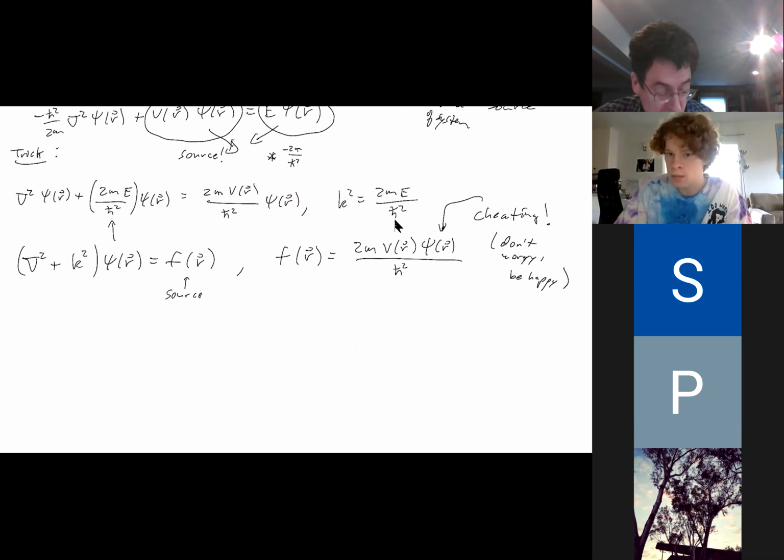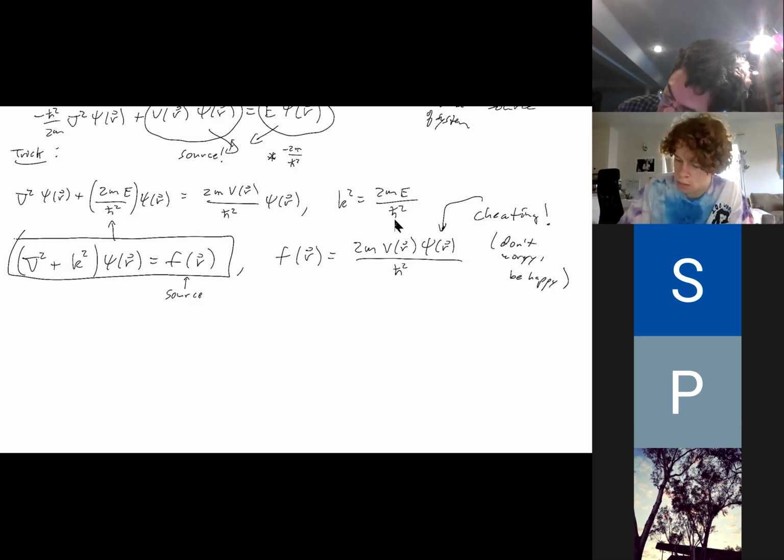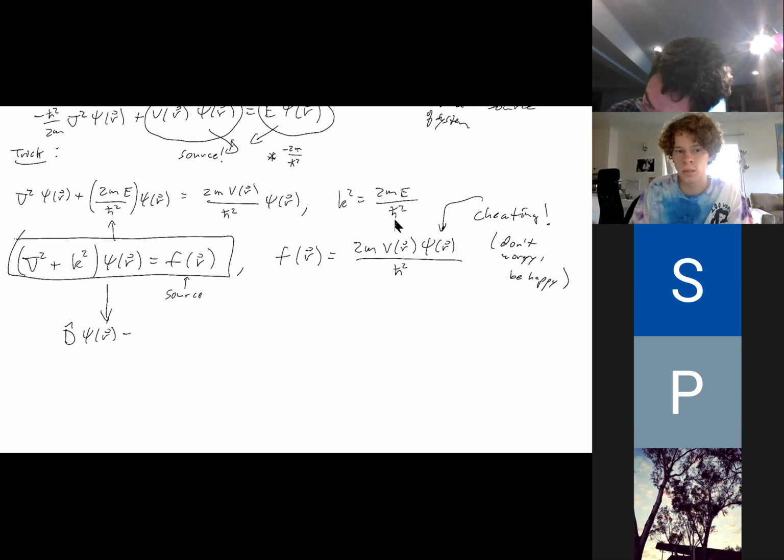Now we have this differential equation that we have to solve. I can think of it as some differential operator acting on psi of r is equal to some function.